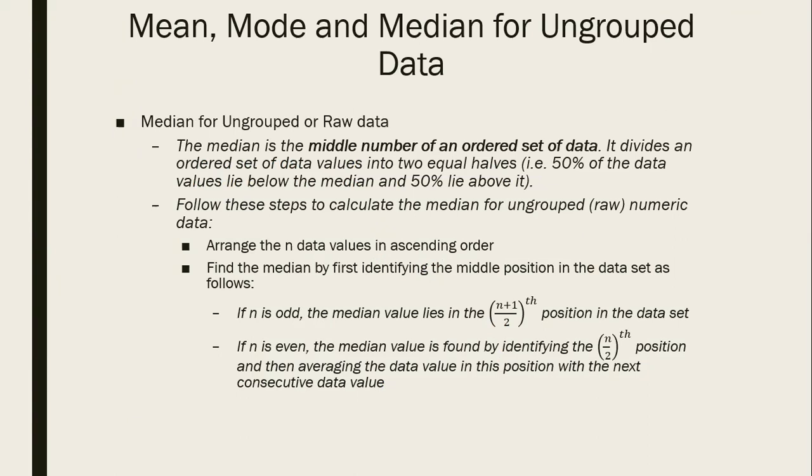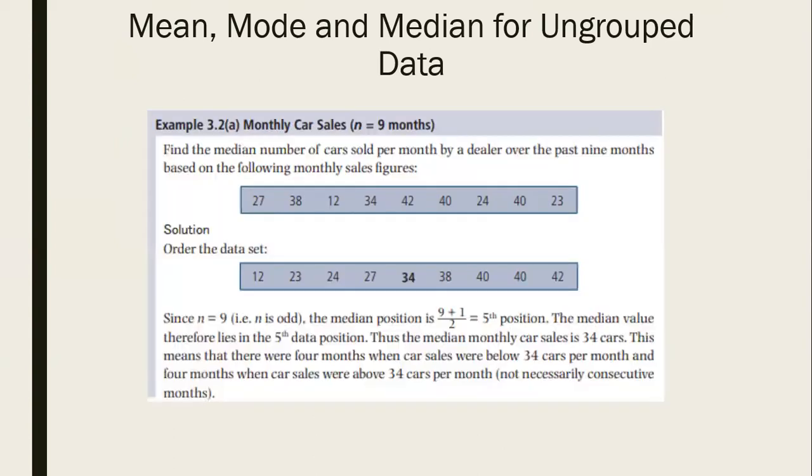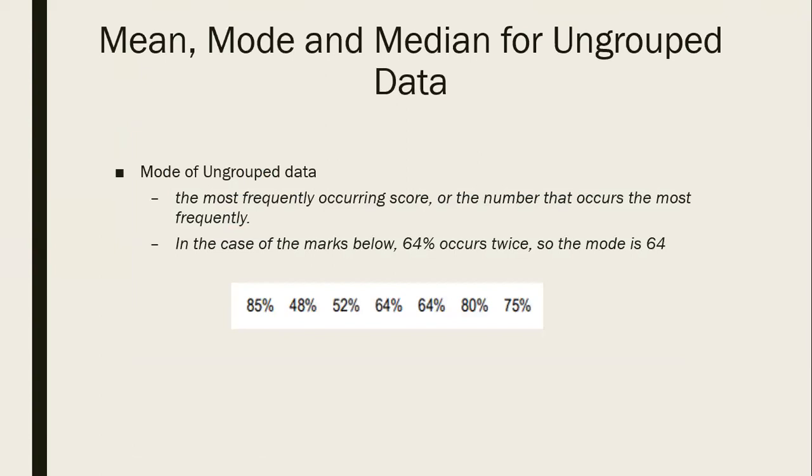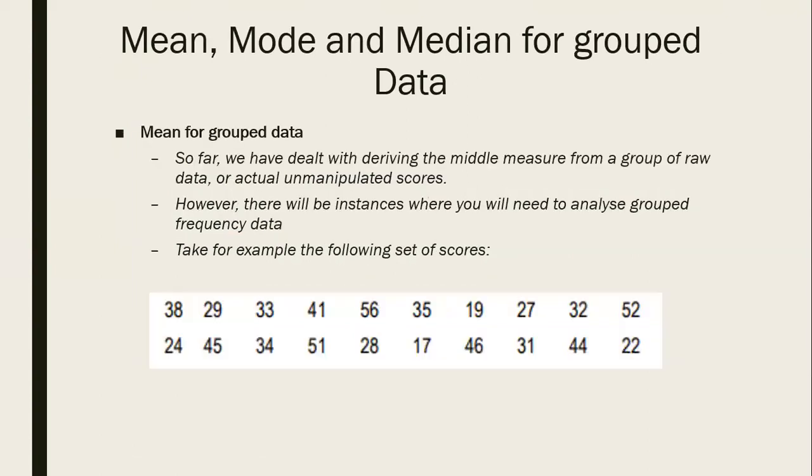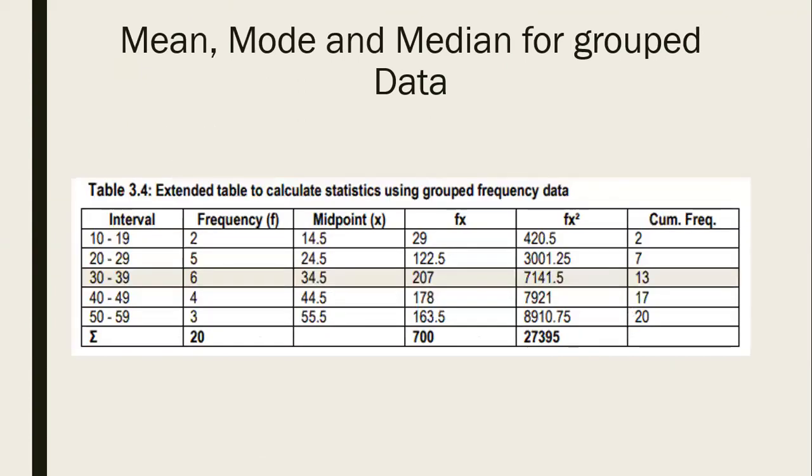If it is odd, you find your median value at the n plus 1 over 2 position. If it is even, you first find the n over 2 position, and then you average it with the next consecutive data value. And the last part is the mode. The mode is the most frequently occurring score. This is only applicable to ungrouped data. So now for grouped data.